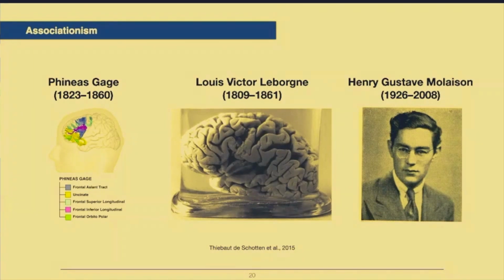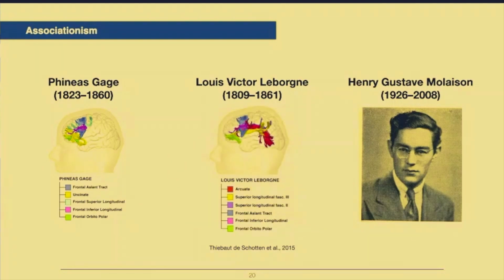Now, for Broca's patient, the lesion extended deep into the white matter. It's not just a cortical lesion, and we do get the arcuate fasciculus. We also get the superior longitudinal fasciculus, so the frontal parietal network, and we get other connections like the frontal aslant tract here that connects the inferior frontal gyrus to the SMA, pre-SMA area.